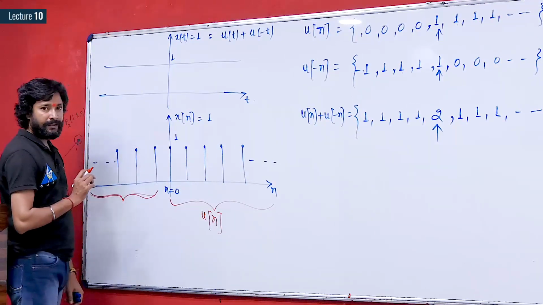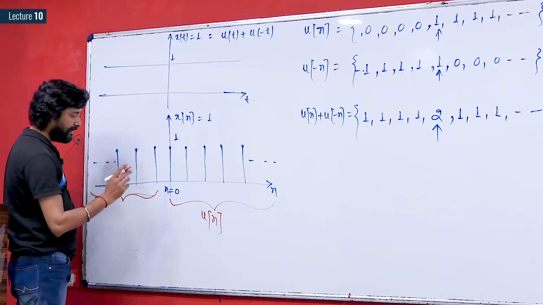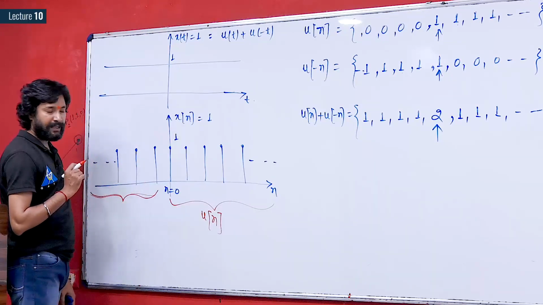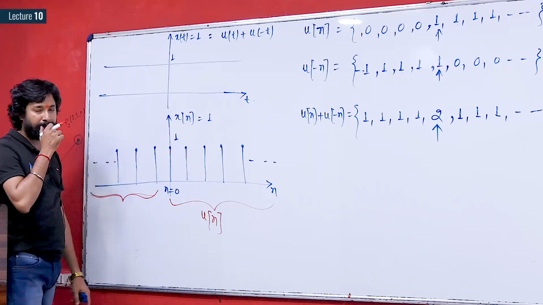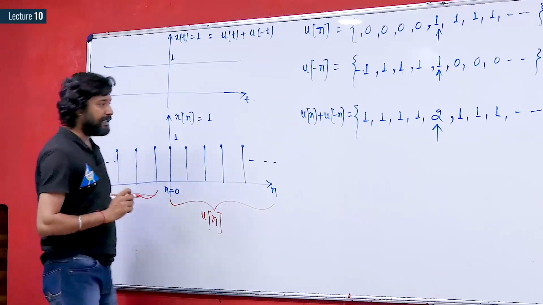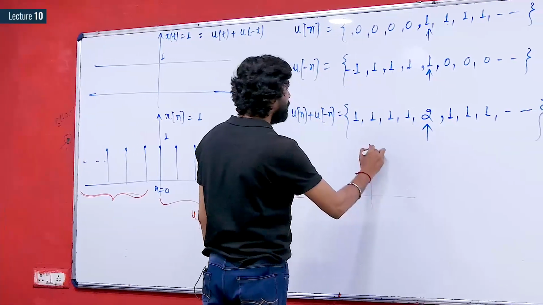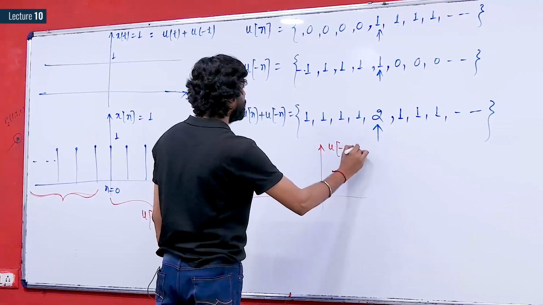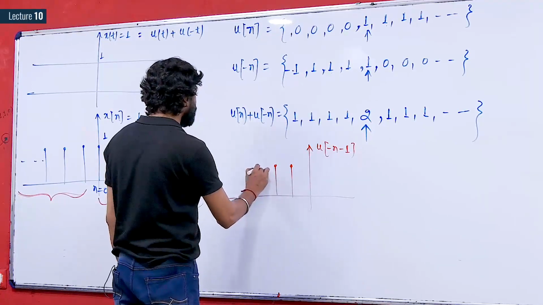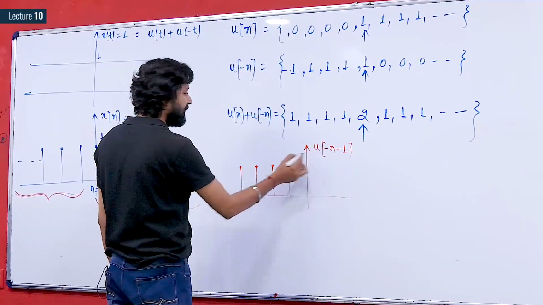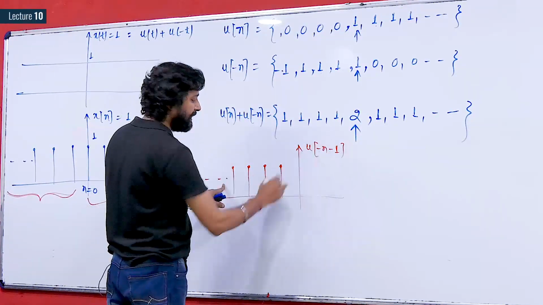You have to take a signal which has value 1 for each instant of n for which n is less than or equal to minus 1. What is the signal which exists from minus infinity to minus 1 with a value 1? You know that if you plot u of minus n minus 1, then this signal will exist from minus infinity to minus 1. We have seen that due to this negative sign, this signal will start from minus infinity and terminate at minus 1.